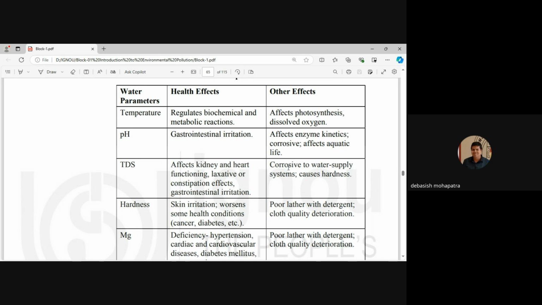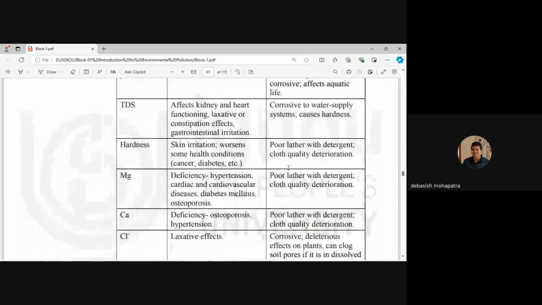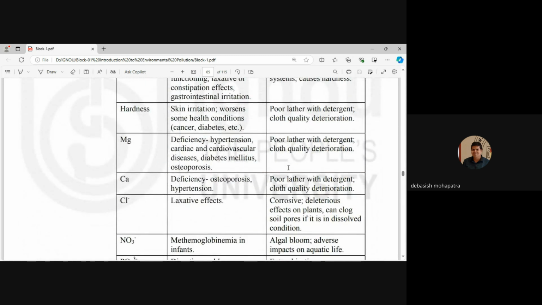Poor lather with detergent, cloth quality deterioration. Magnesium deficiency: hypertension, cardiac and cardiovascular disease, diabetes mellitus and osteoporosis, poor lather with detergent. Calcium deficiency: osteoporosis and hypertension, poor lather with detergent. Then laxative effect. Chlorine: corrosive, deleterious effect on plants and can clog water pores if it is in dissolved condition.